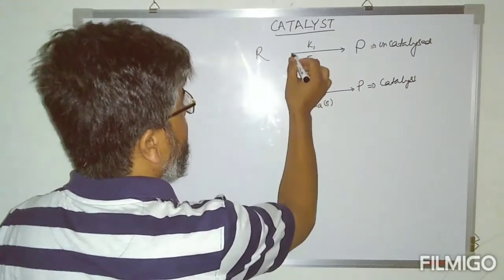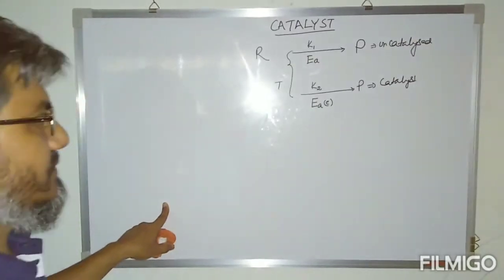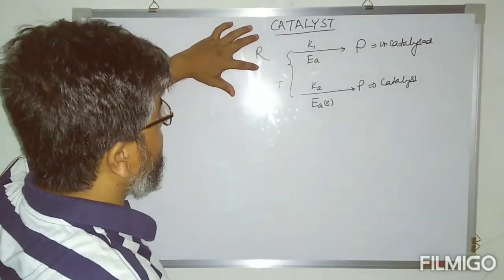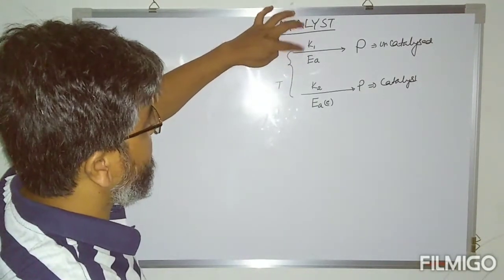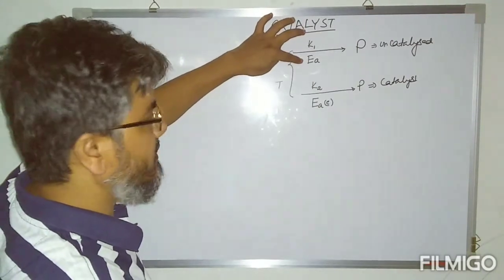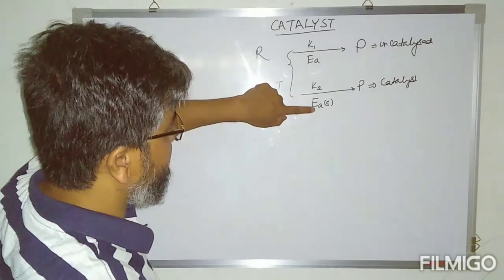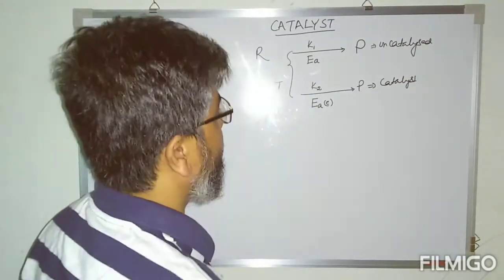Both reactions are carried out at the same temperature. Now, for the same reaction at this temperature, in absence of catalyst the rate constant is K1 and activation energy is EA. In presence of catalyst, the activation energy is EAC and the rate constant is K2.